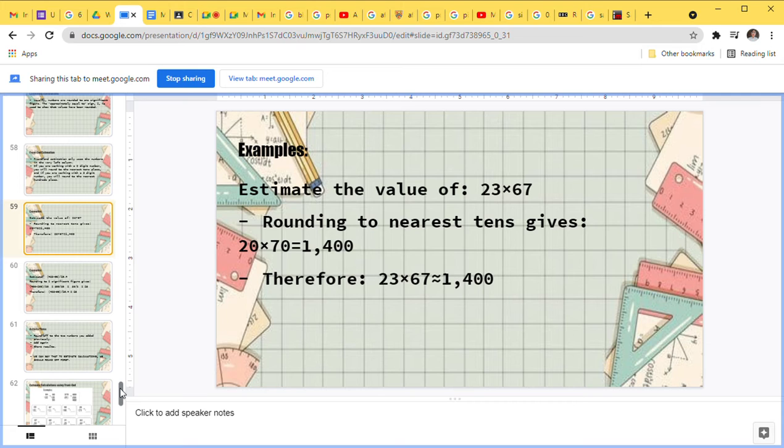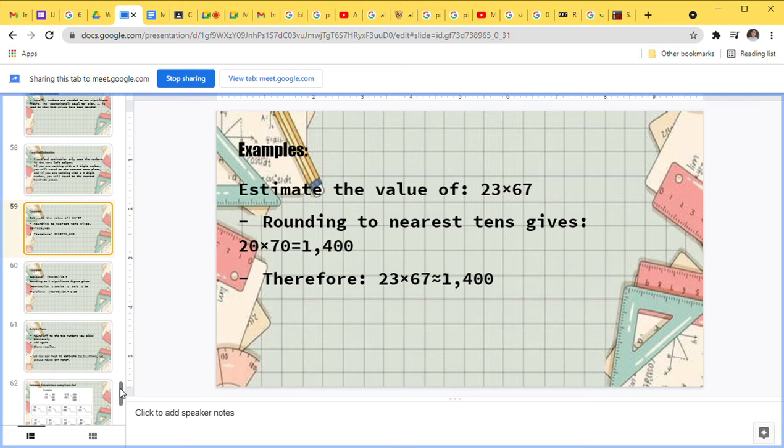And if we round off 67 to the nearest 10, we get 70, right? So before actually multiplying 23 times 67, we need to round off those numbers and then multiply them, right? So once we have rounded off 23 and 67, which gave us 20 times 70, we perform that calculation: 20 times 70 equals 1,400.